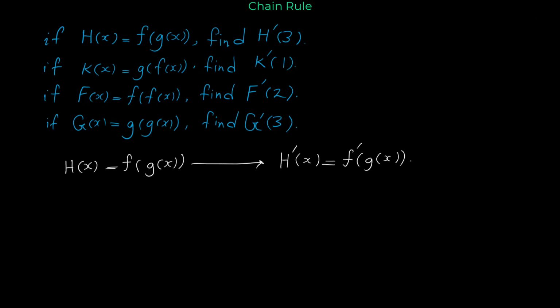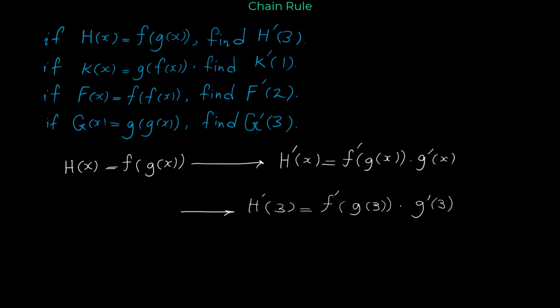Then multiply by the derivative of inside. The inside is g of x, and derivative of g of x is g prime of x. But we want to find h prime when x is 3. So we have f prime of g of 3 times g prime of 3.